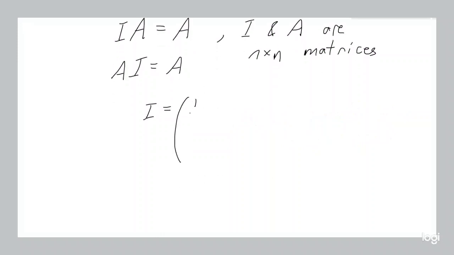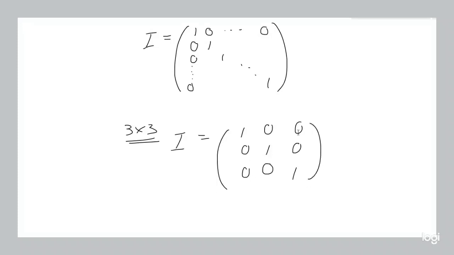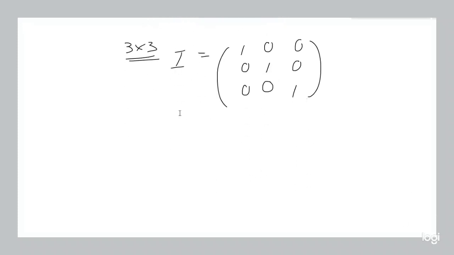So you have ones along the main diagonal and zeros everywhere else. Okay, so for example, if you have a 3 by 3 identity matrix, it would look like this. And if you have a 2 by 2 identity matrix, it would look like this.